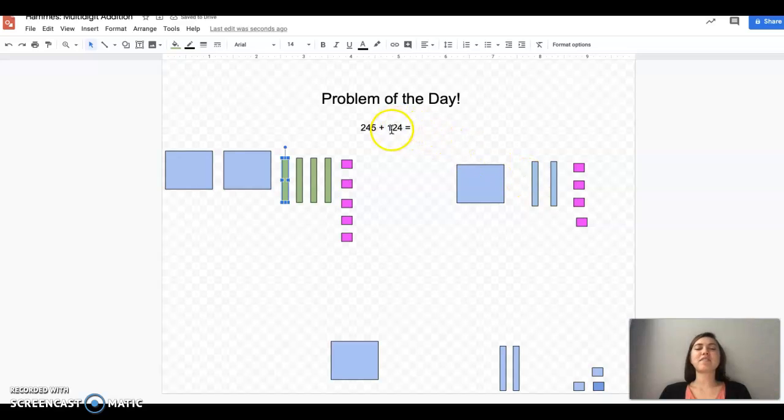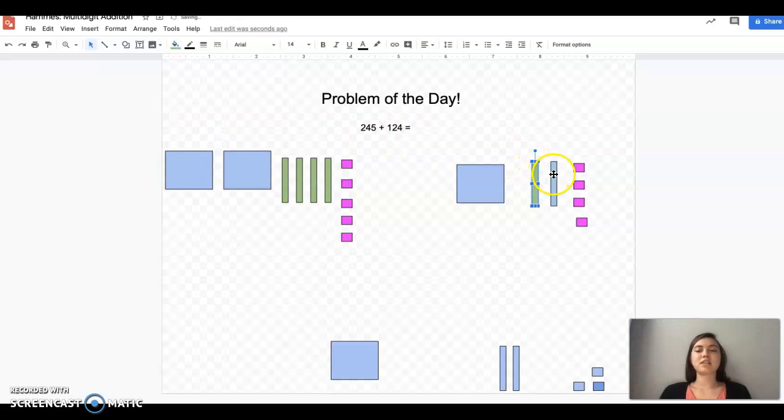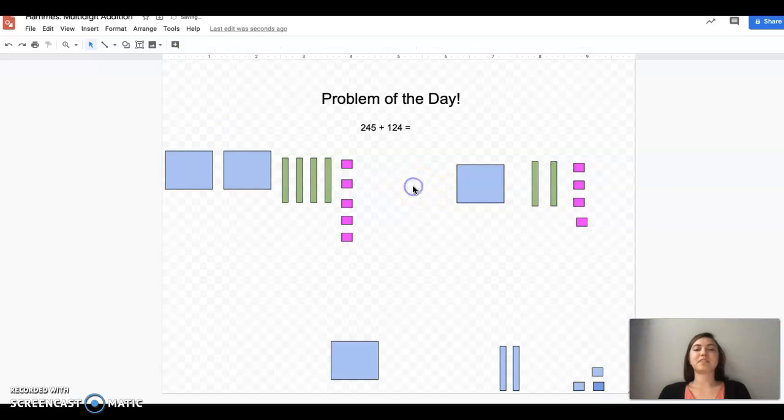How many tens do I have in the number 124? How many tens do I need to get to 20? 10, 20. 2 tens. There's 1 10 for the value of 10. There's a second 10 for the value of 20.